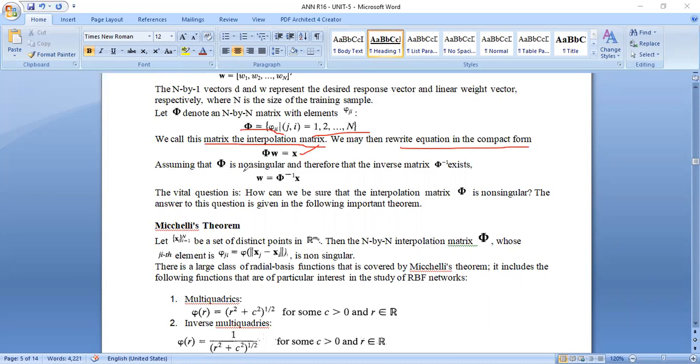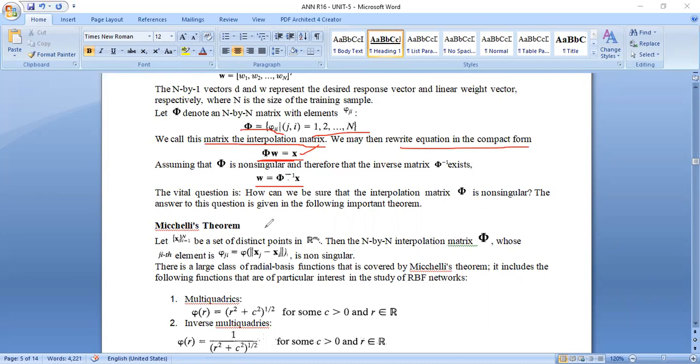Assuming that phi is non-singular, its inverse matrix phi inverse exists. Rewriting again, w equal to phi inverse into d.